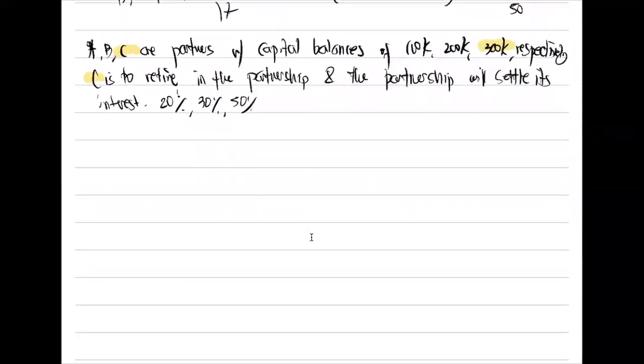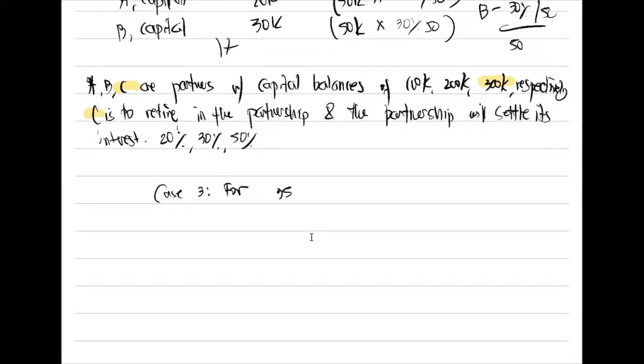A, B, and C are partners with capital balances of 100, 200, 300,000 respectively. C is to retire in the partnership and the partnership will settle its interest. So case 3, for 400,000 pesos.